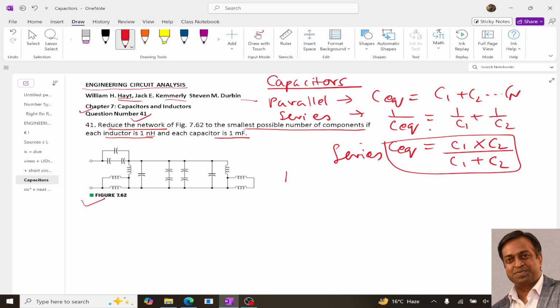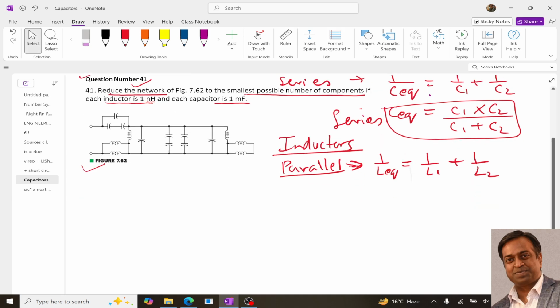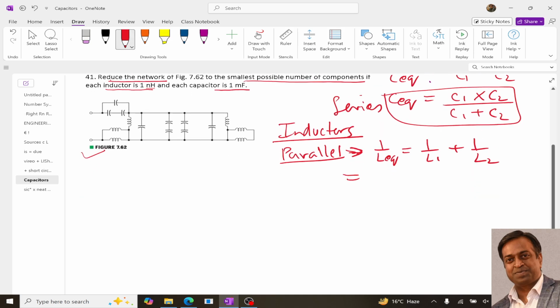And for the inductor, we use exactly the same formulas that we use for resistors. If the inductors are in parallel, then 1 upon L equivalent equals 1 upon L1 plus 1 upon L2, which gives L equivalent as L1 times L2 upon L1 plus L2.